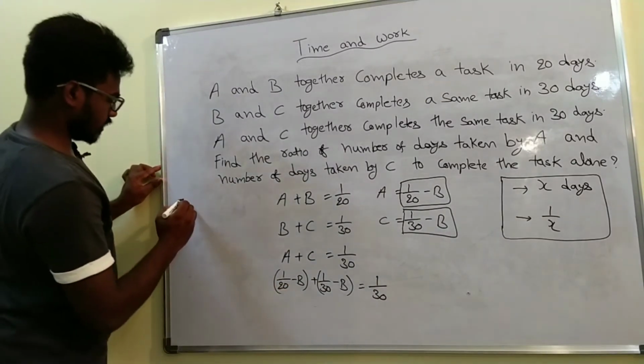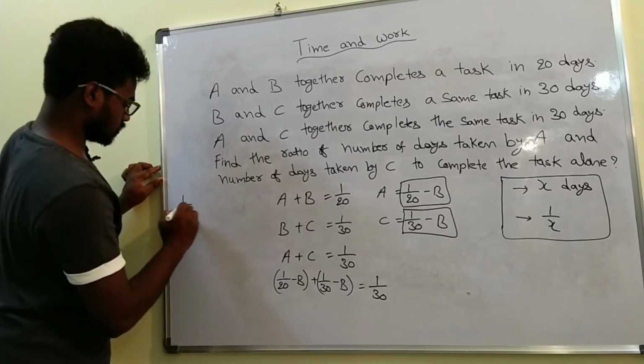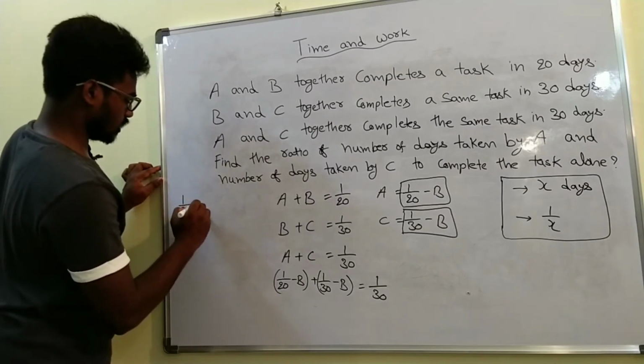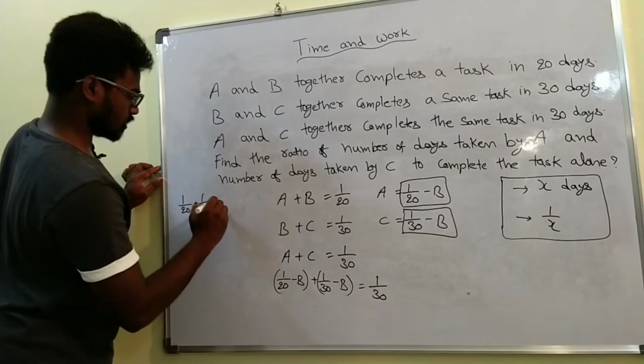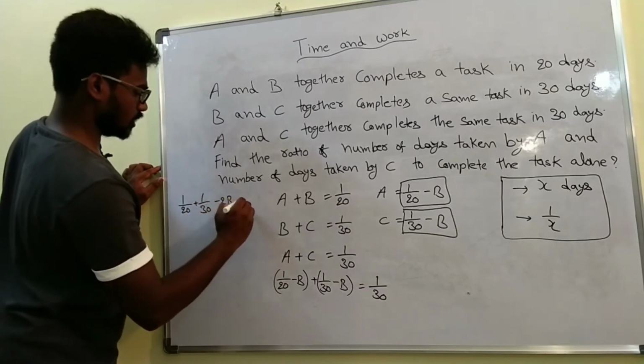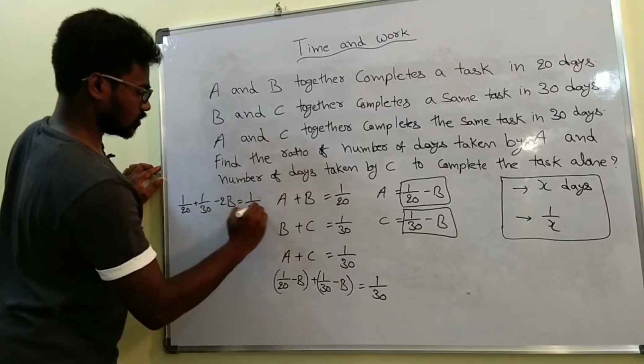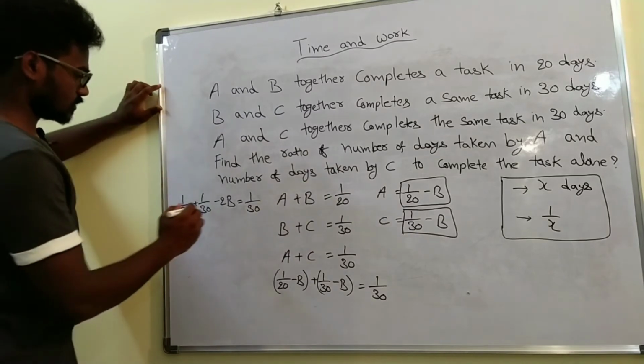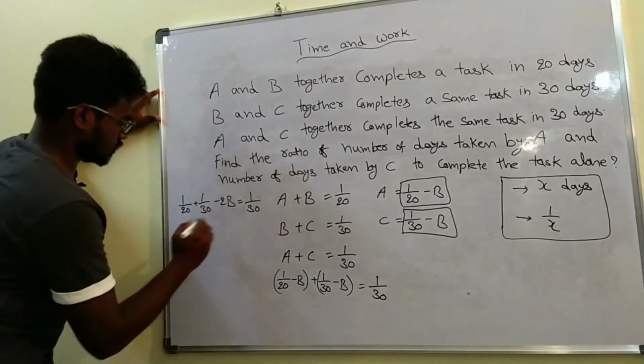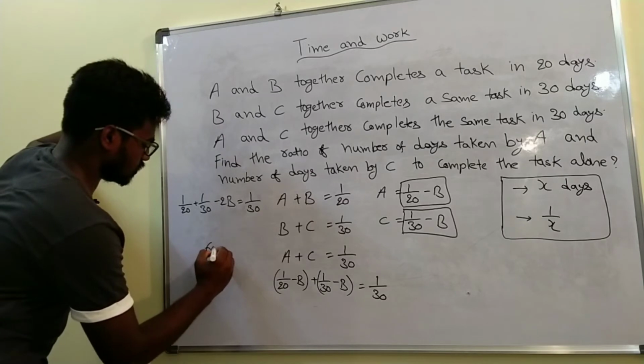So we can write: 1 by 20 plus 1 by 30 minus 2B equals 1 by 30. If we take the LCM, it will be 60.